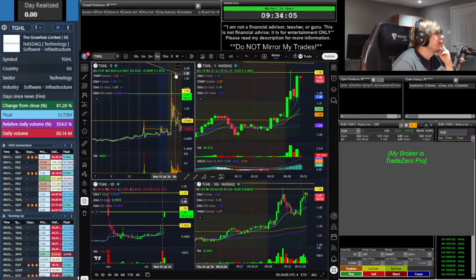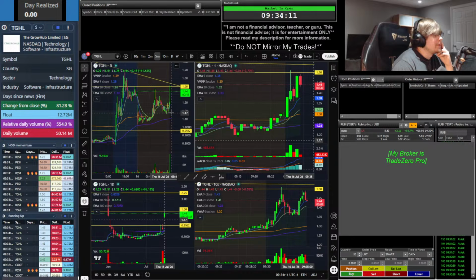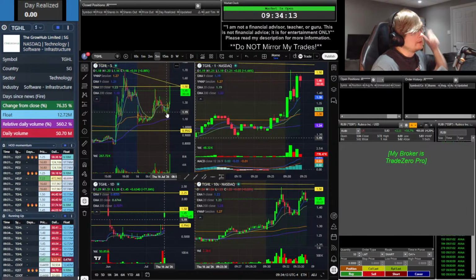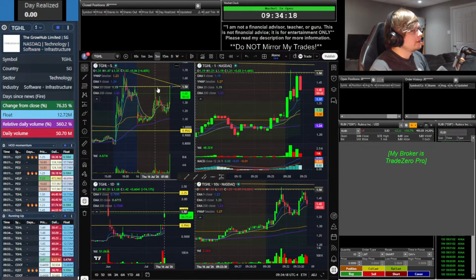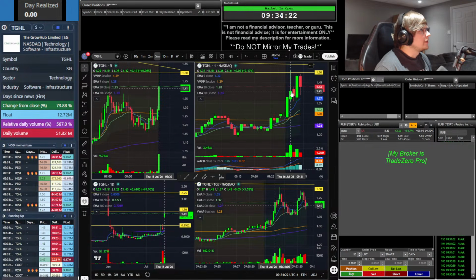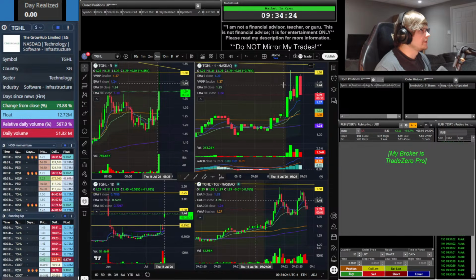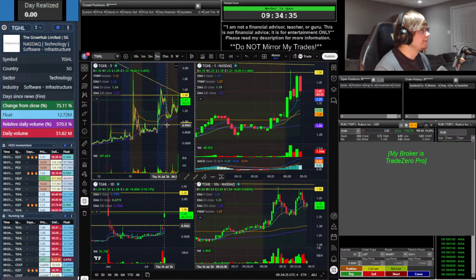See, I did that correct. Yeah, this is gonna struggle a little bit, I think, because there's gonna be descending resistance up here along with this pivot level of 150. Already having some troubles. It's on the backside.